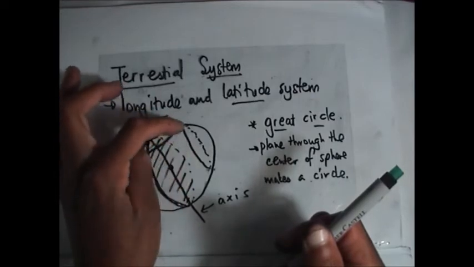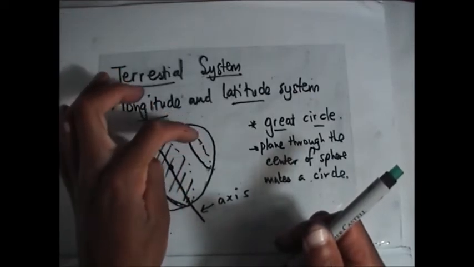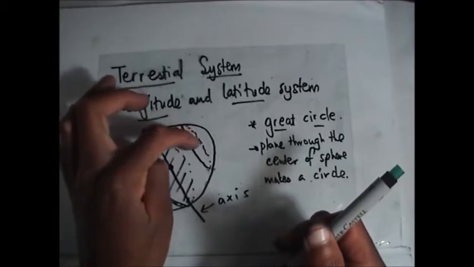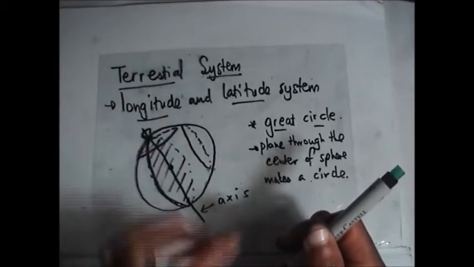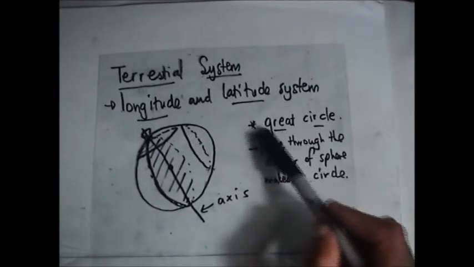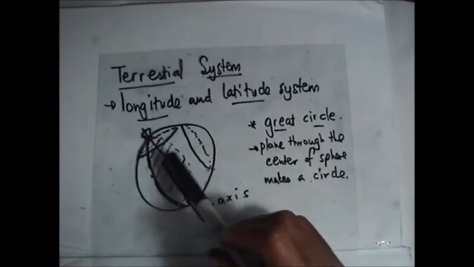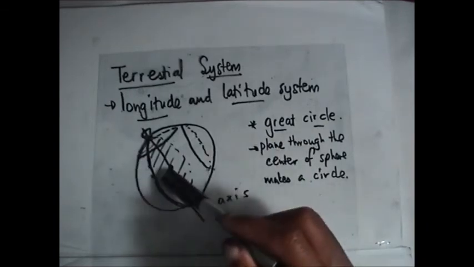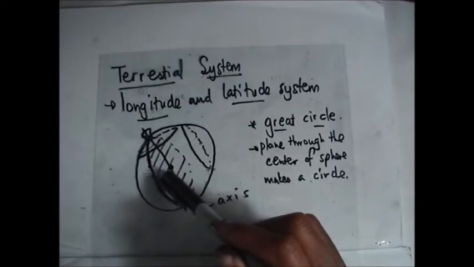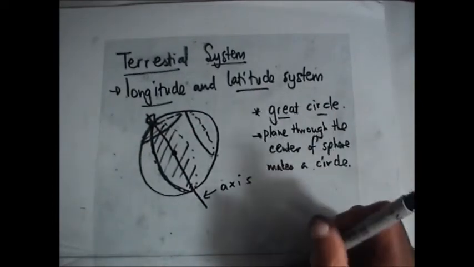Can you see, when I cut it, I also make a plane, and there's a circle where I've cut, but this circle is not passing through the center, so it cannot be considered a great circle. A great circle is created when a plane cuts through the sphere, through the center of that sphere. So that's where we only get a great circle.